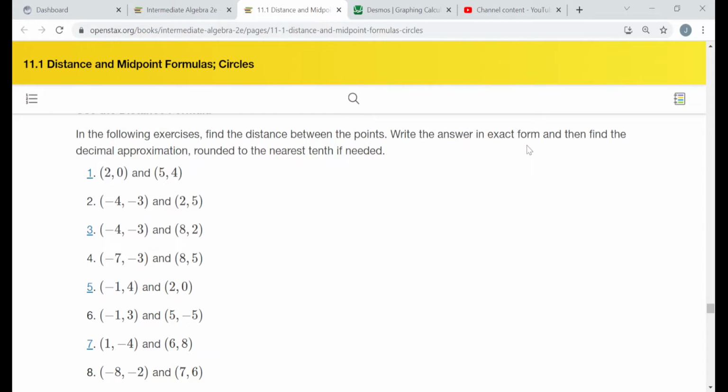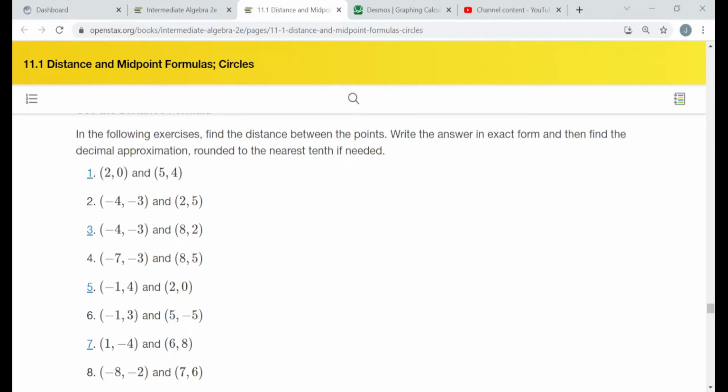Just leave it the way it was. And then find the decimal approximation, rounded to the nearest tenth if needed, if it's not a whole number. So after writing it in exact form, we're asked to use a calculator and round to the nearest tenth.